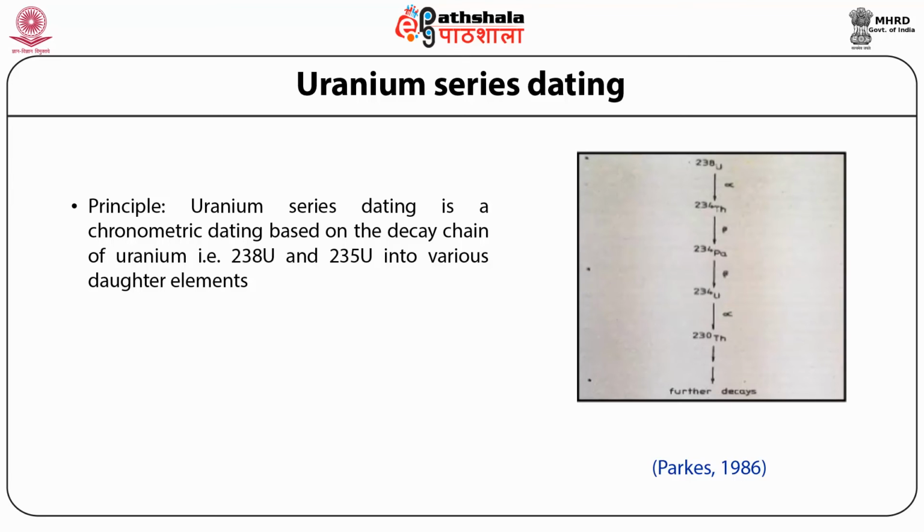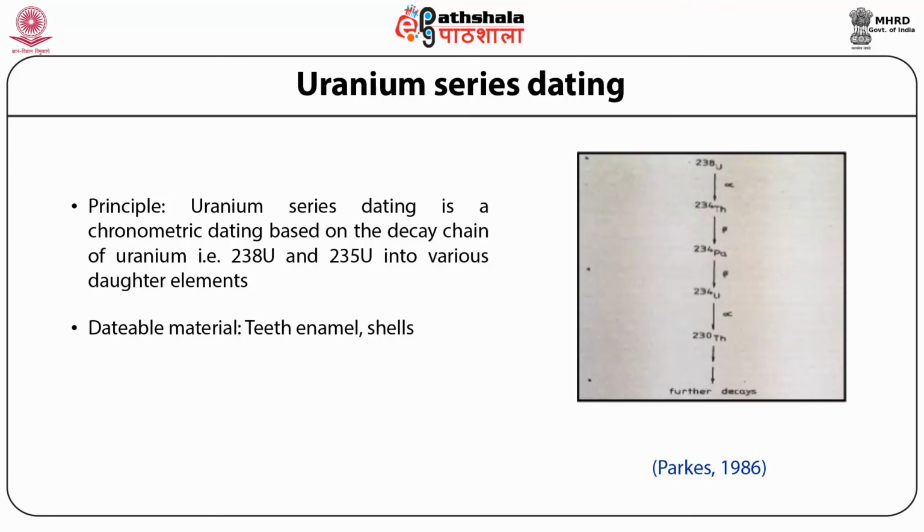Different sets of daughter isotopes are used for dating, that is thorium-230 to uranium-234 or uranium-234 to uranium-238, etc. Out of these sets, the thorium-uranium method is widely used to date hominid sites that contain ancient rocks, stalagmites, bones, teeth, shell and calcium carbonate deposition.